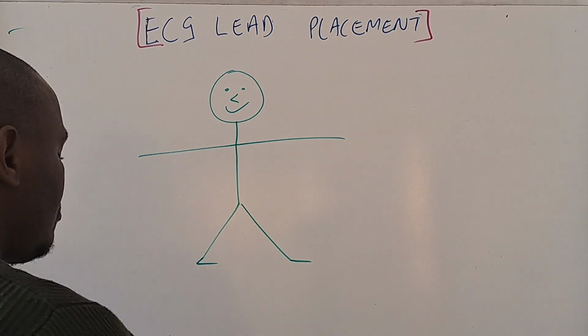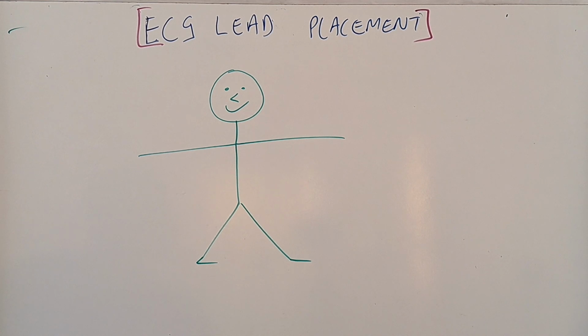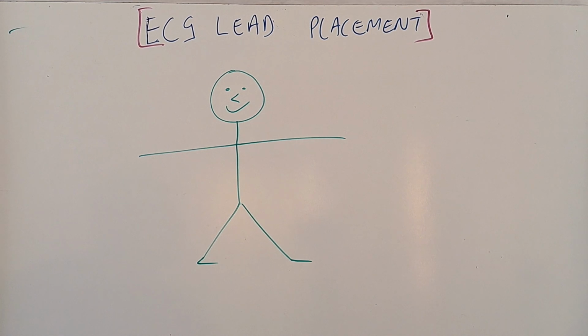So when doing an ECG, never be shy when it comes to exposing the patient. You need to expose the chest of the patient, and they need to be lying in a cardiac position or in a semi-sitting position, but you don't want them to be upright.